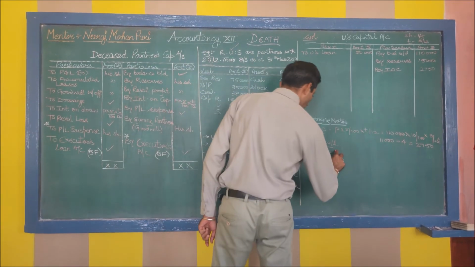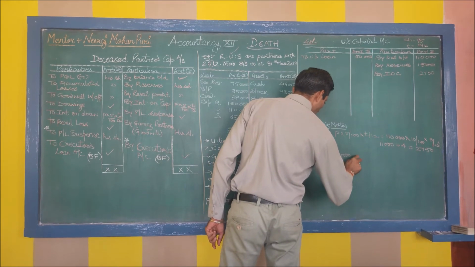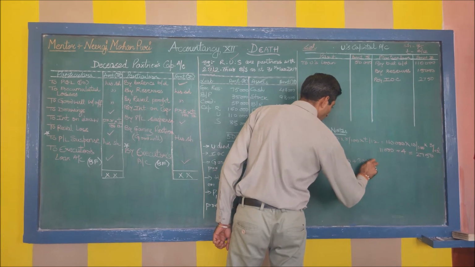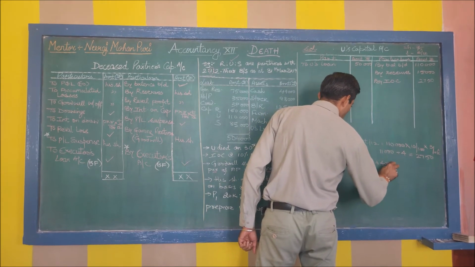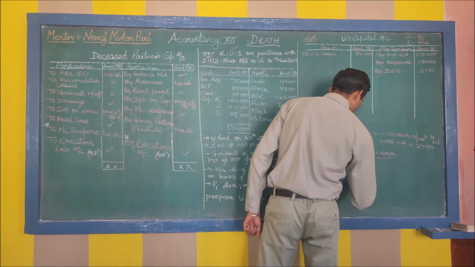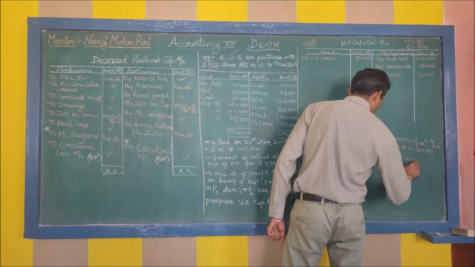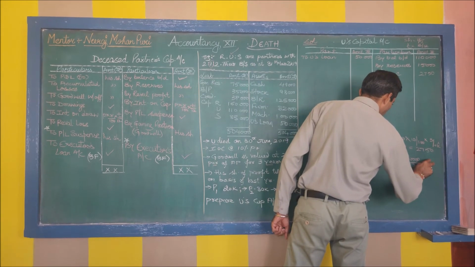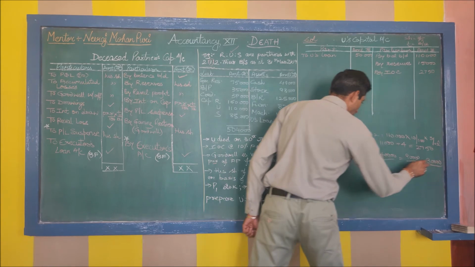So this is 20,000 plus 30,000 plus 40,000 divided by 3. This is 90,000 divided by 3, which is equal to 30,000. 30,000 is our average profit.